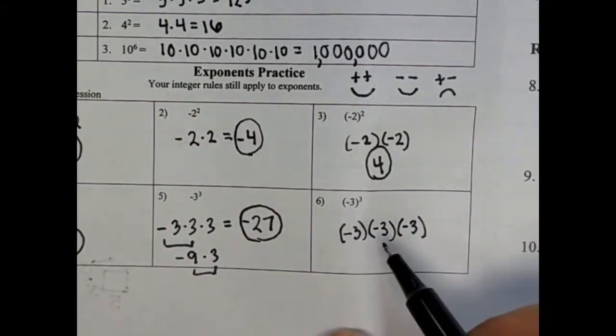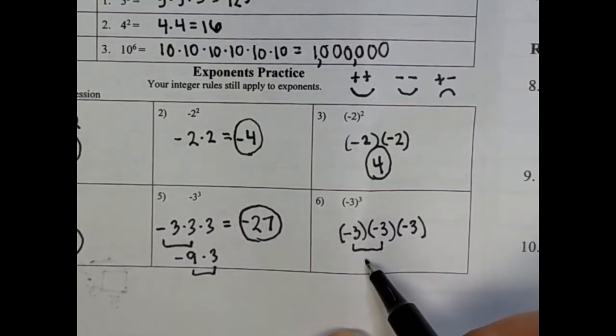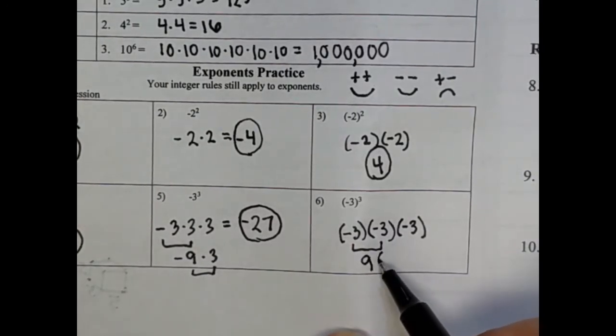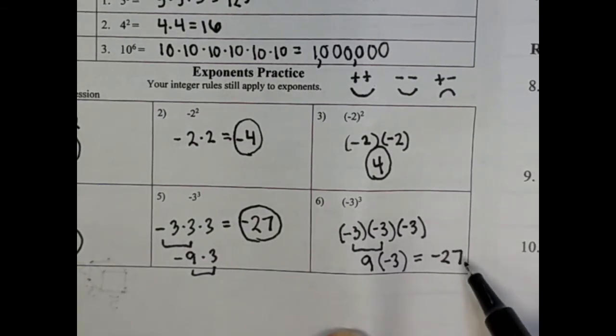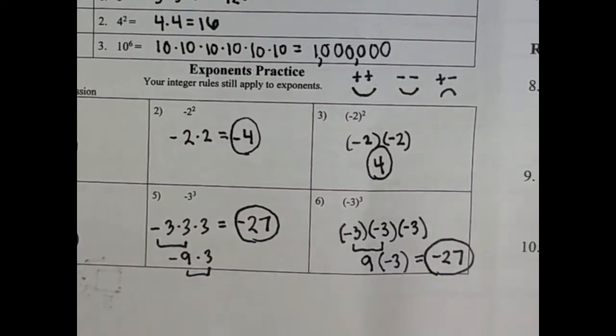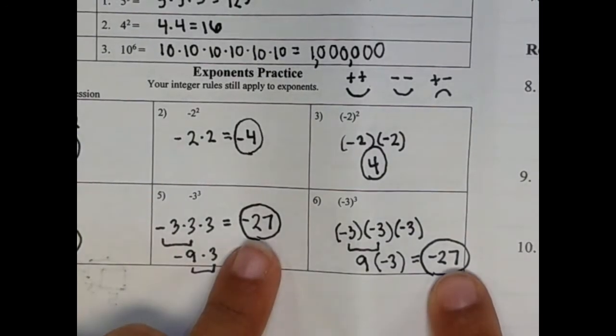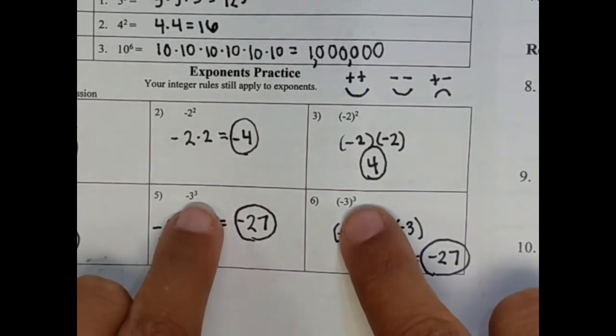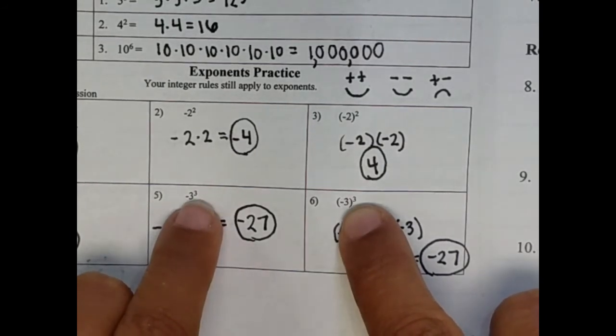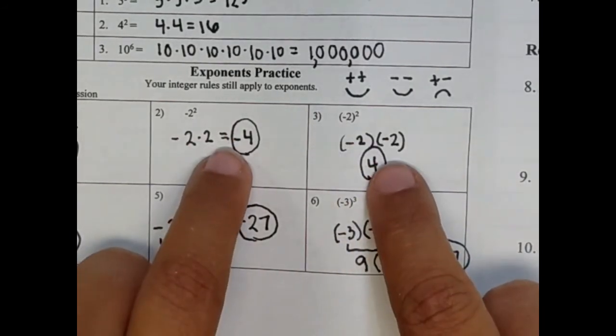So negative 3 times negative 3 gives me positive 9. Positive 9 times negative 3 gives me negative 27. We actually end up with the same answer for these two, but not for these two. It will always happen like that for odd exponents, and this will always happen for even exponents.